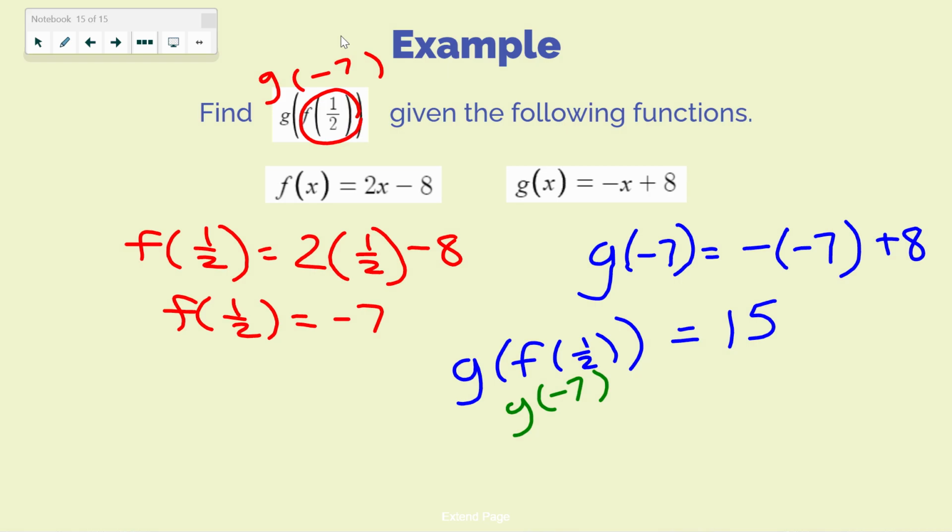What questions do you guys have here? If we were to just put g of negative 7 equals 13 on a test, would you accept that? Sure, if you show me how you got negative 7. The deal with your test, and I'll repeat this before you take your test too, is the more work you show, the more you're going to help yourself, because I can award you partial credit along the way.